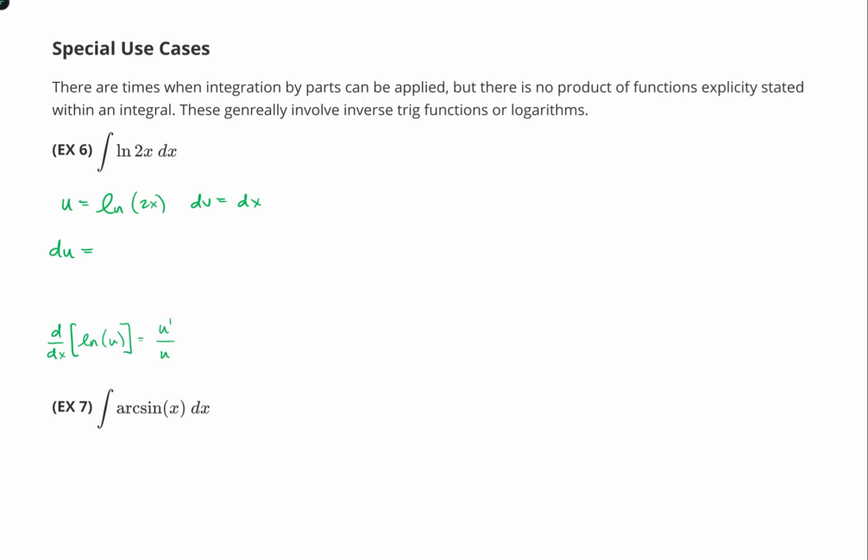In this case, the derivative of 2x is 2 divided by itself, which is 2x. So that results in 1 over x dx. Then dv, when we integrate that, we end up with v equals x.